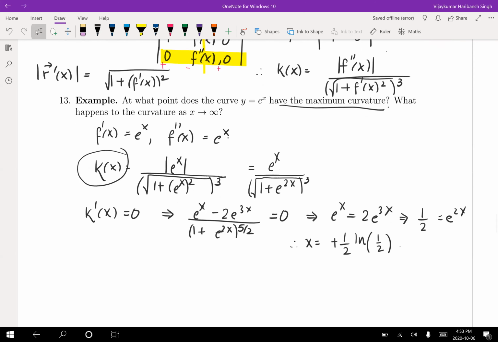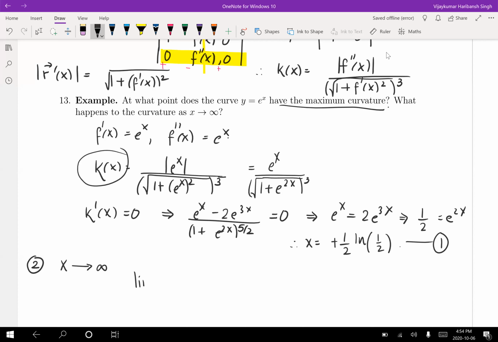Now, what happens to the curvature as x goes to infinity? As x goes to infinity, you can see that the denominator grows faster while the numerator is fixed.